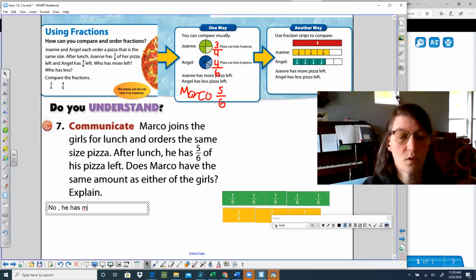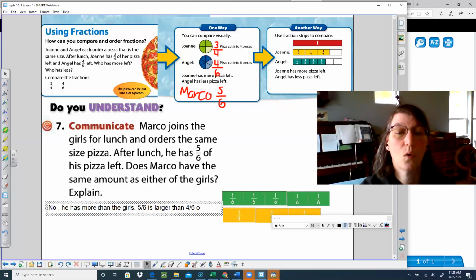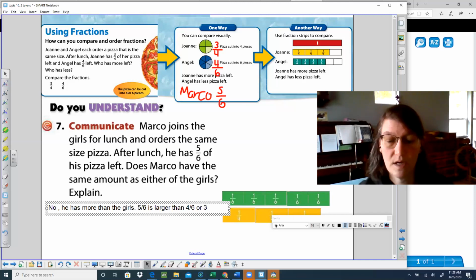He has more than the girls. And we're going to say 5/6 is larger than 4/6 or 3/4.